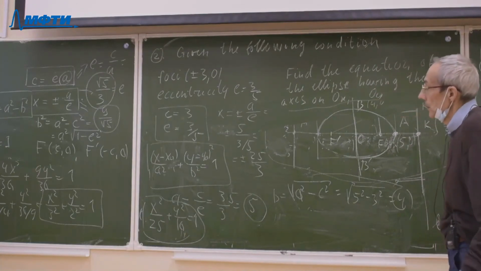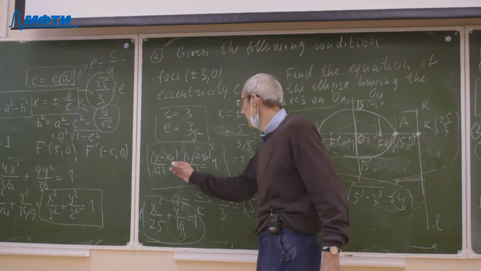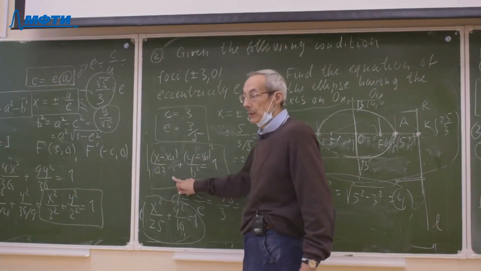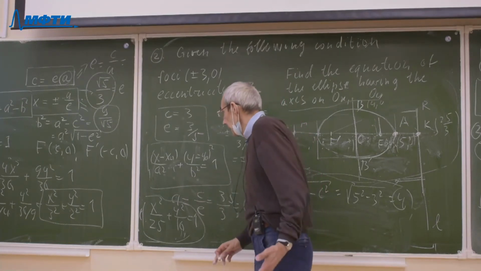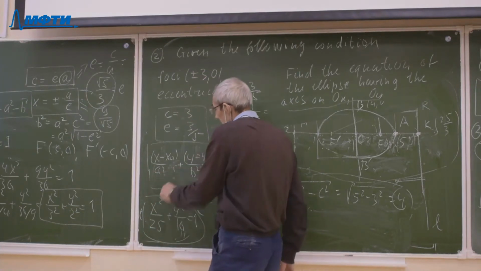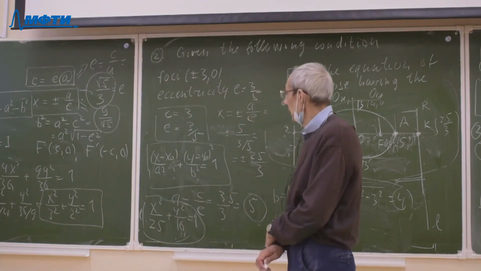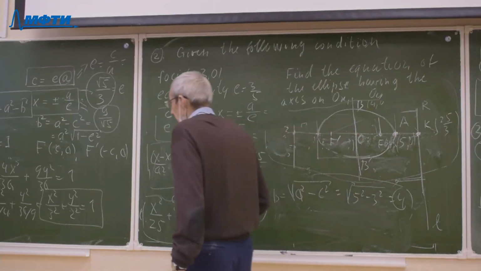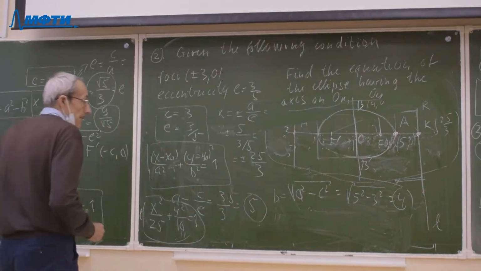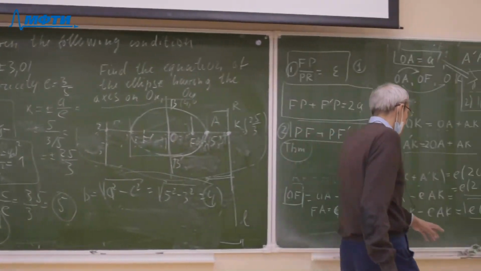The equation of the ellipse is with a shifted origin of coordinate system. We also can multiply this equation and rewrite it in the following form.